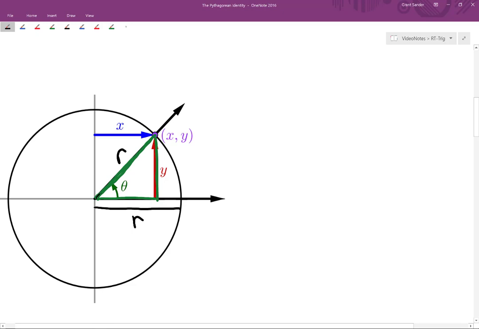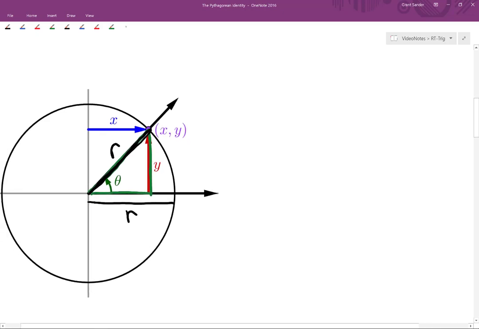So you should see that the radius right there is the same as the hypotenuse. So the Pythagorean theorem then tells us that x squared plus y squared is equal to r squared.